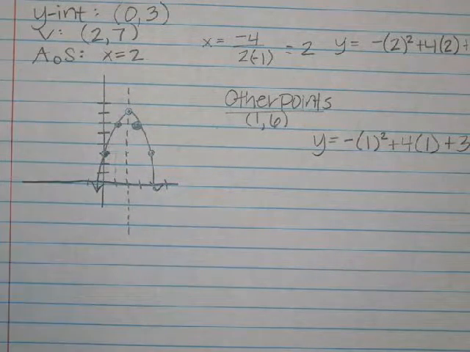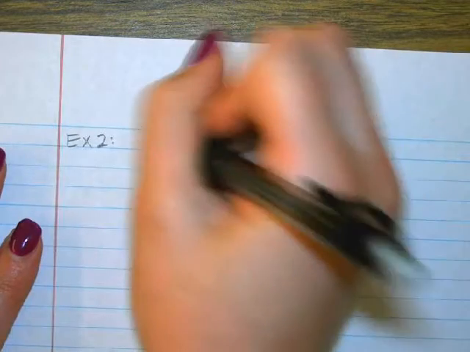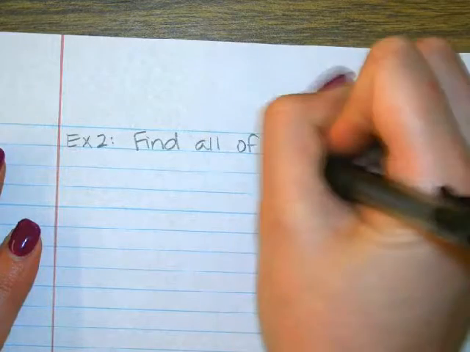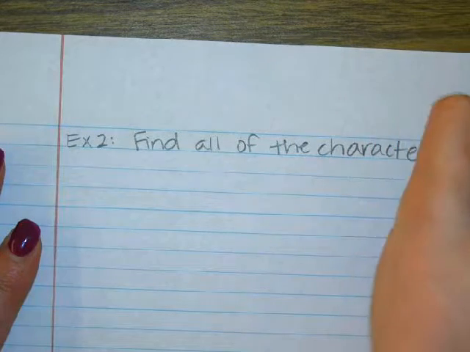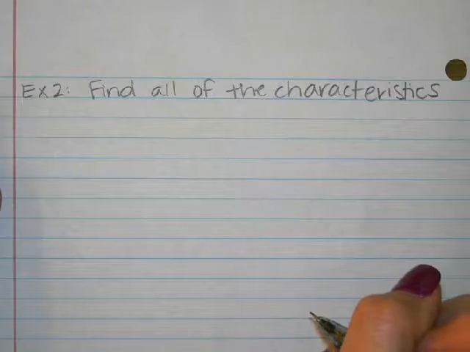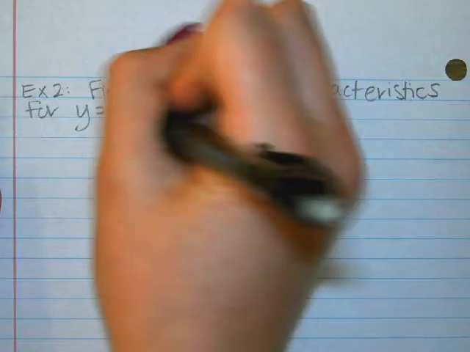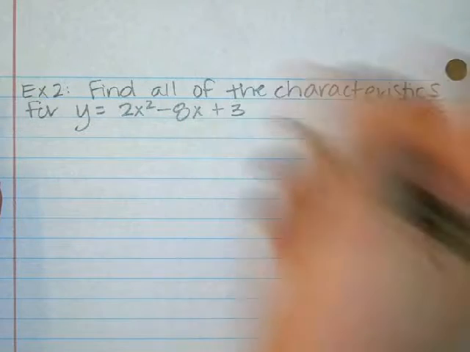So, example number 2. We are going to find all of the characteristics for y equals 2x squared minus 8x plus 3.